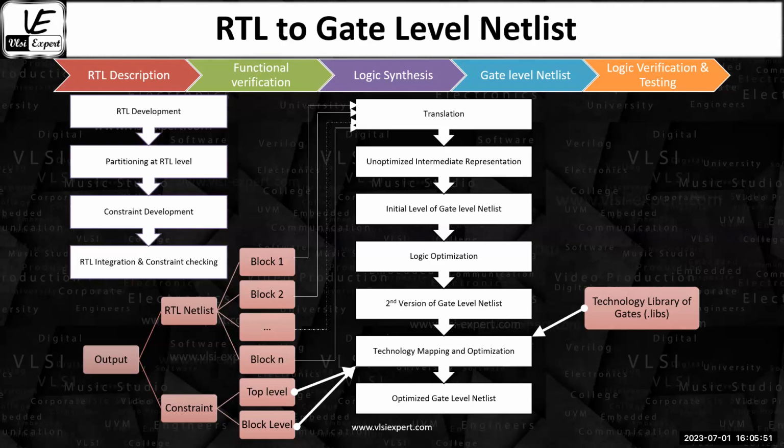Right now the point is you're going to provide this. It will see the constraints, check with the library, and then give you the optimized gate level netlist. This whole flow, the translation to the optimized gate level netlist, is the part of your logic synthesis. So inside logic synthesis, the tool does all these things.